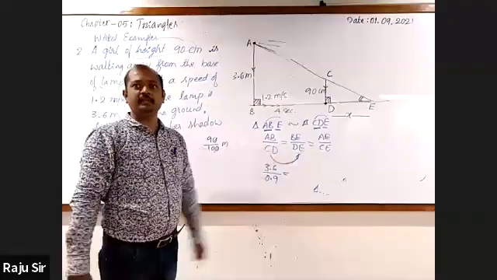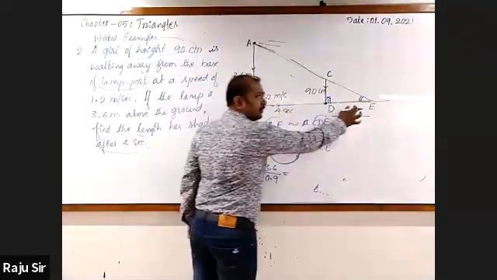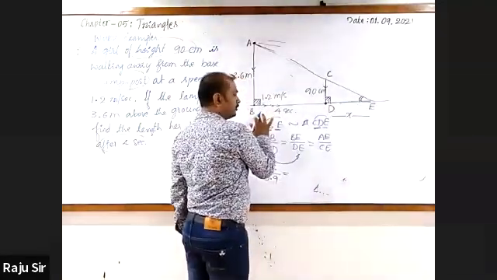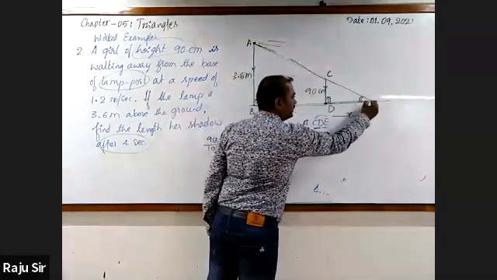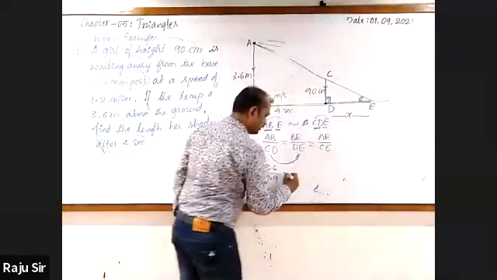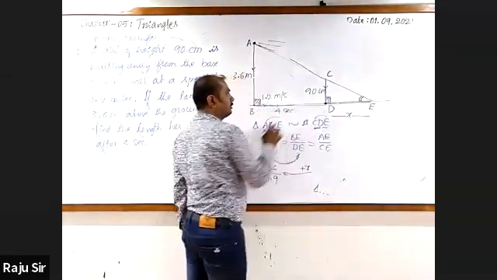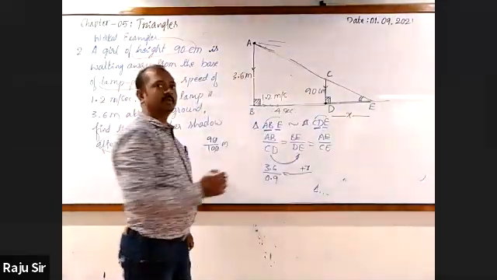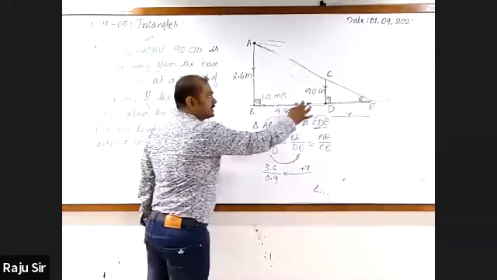What is BE? Very good. To know BE, you must know BD as well as DE. DE is known, how much is it? Yes. But what about BD? It is BD, which is nothing but distance.